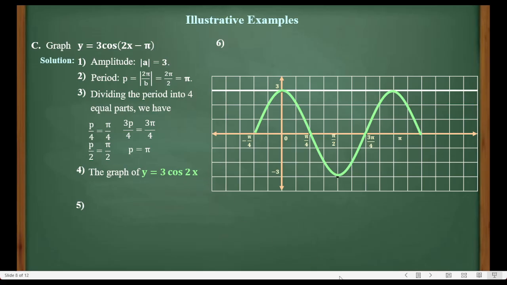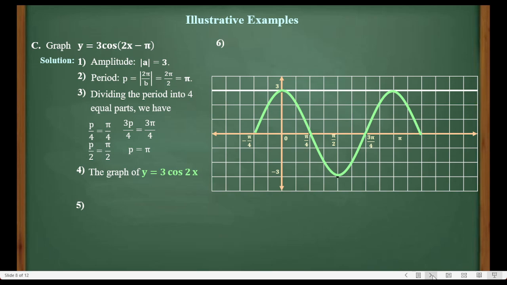Yellow-green is the color of the graph of the mother function. But of course, we're not done yet because that is not the graph we are looking for. We are trying to trace the graph of the given function, y equals 3 cosine of the quantity 2x minus pi.